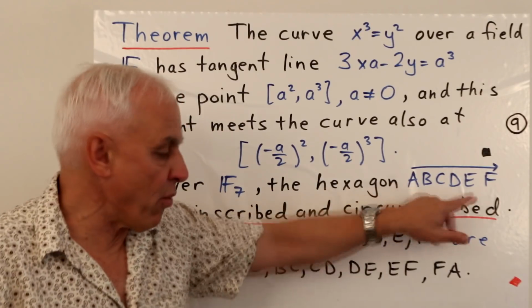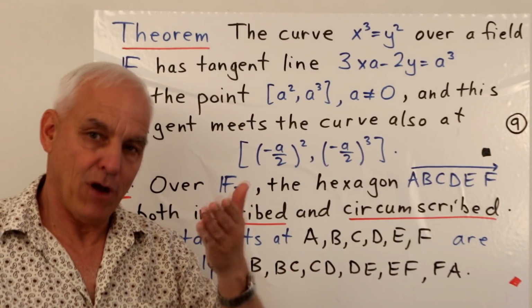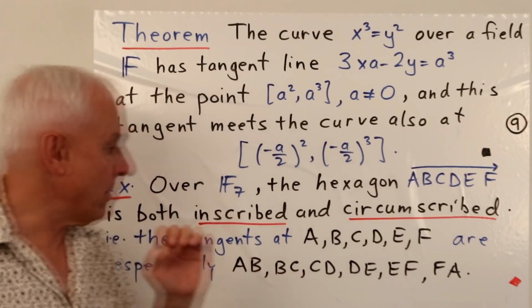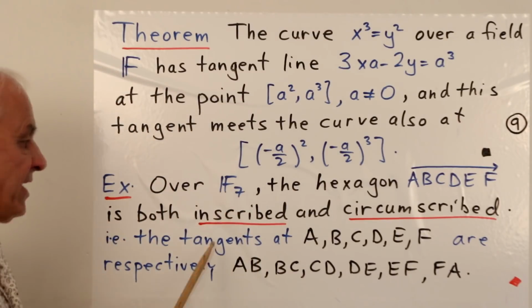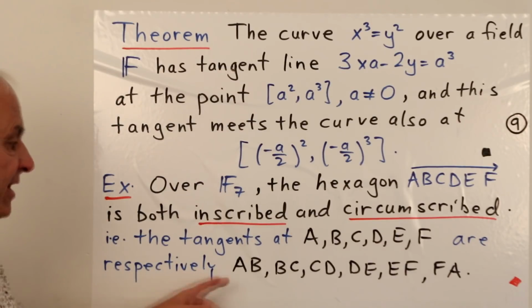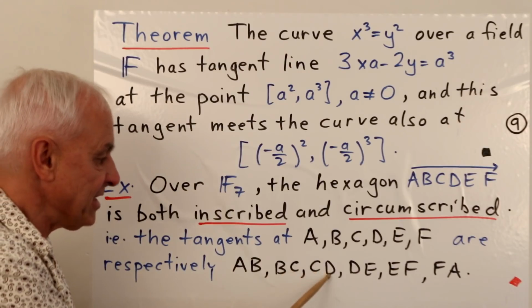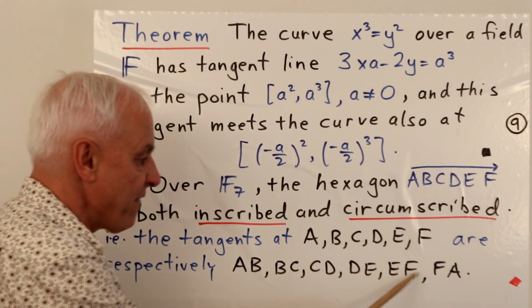Namely, these 6 points are all on the curve, but also, in addition, the tangents at these 6 points to the curve are exactly these lines: the lines AB, BC, CD, DE, EF, and FA.